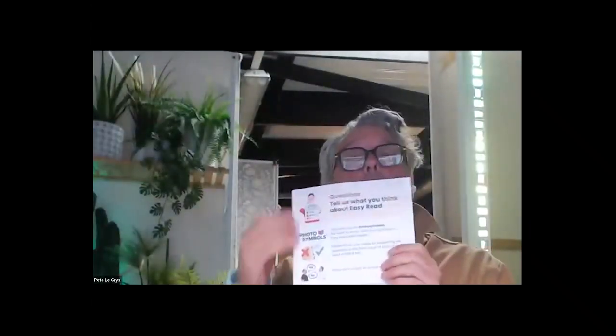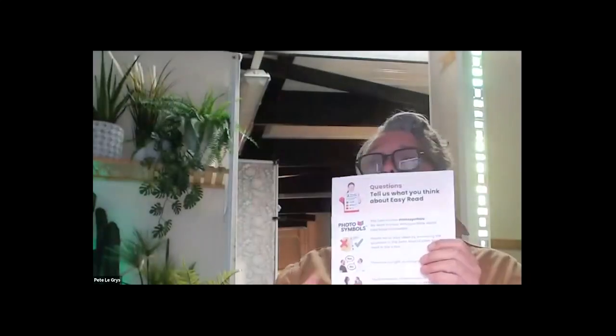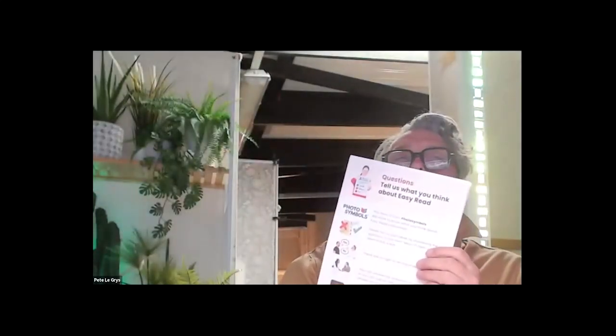So one of the things that came up the other day in a group in Brighton was we were talking about information on your phone, and people were saying, I like seeing stuff on my phone. And I was saying, well, is that because when you're on the bus, getting a piece of A4 with lots of symbols on the side is actually quite a stigmatizing thing, or it might make you feel not so good about yourself?